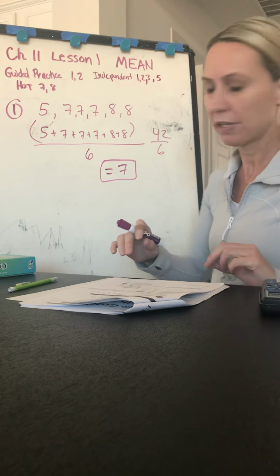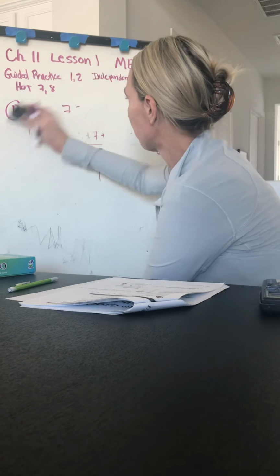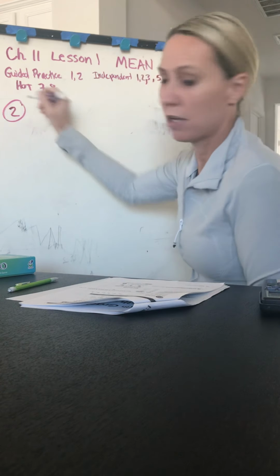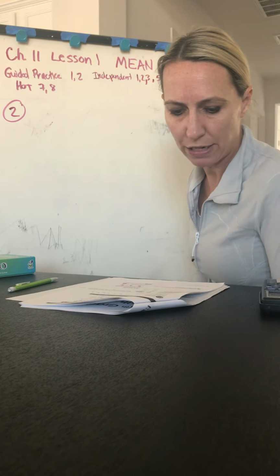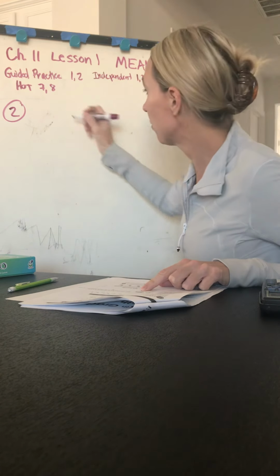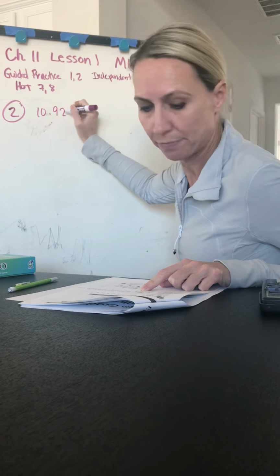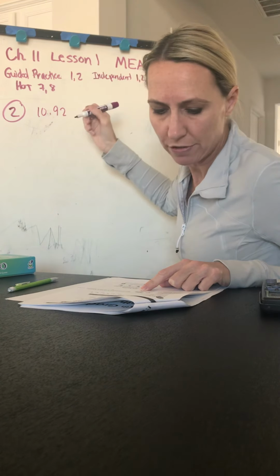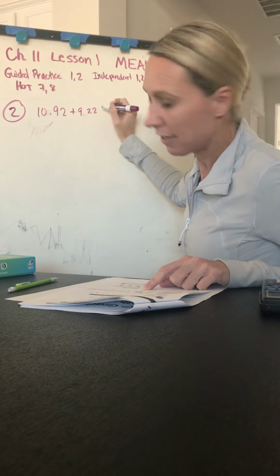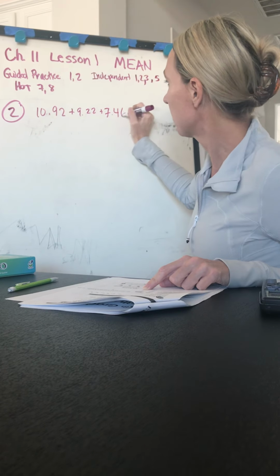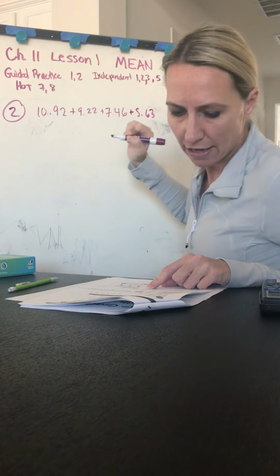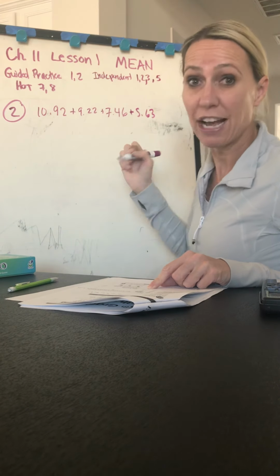Okay, now number 2 is a little bit different. I'm still in the guided practice. For number 2, it says the table shows the greatest depths of 4 of the 5 oceans in the world. So they gave us a Pacific Ocean, which is 10.92 depth in kilometers, and then Atlantic, which is 9.22, Indian, which is 7.46, Arctic, which is 5.63, and then Southern, which is actually what they're asking us.